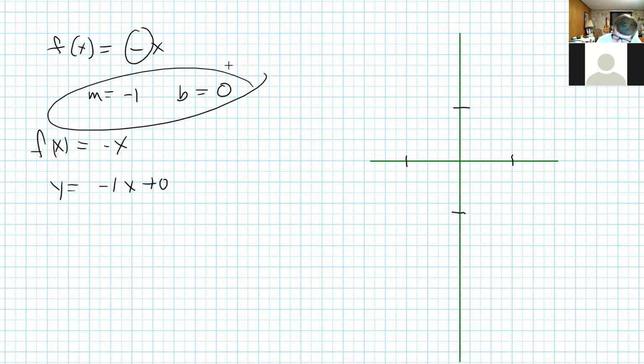So using this information, the y-intercept is at the origin, we'd go down 1 and over 1 using the slope. And so there is the graph of f of x equals -x. Any questions about that?